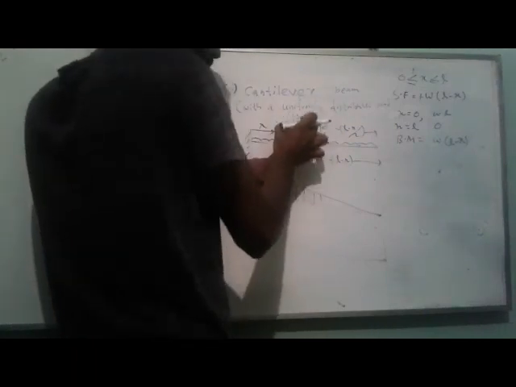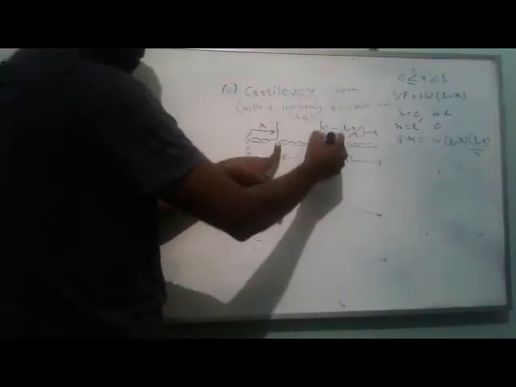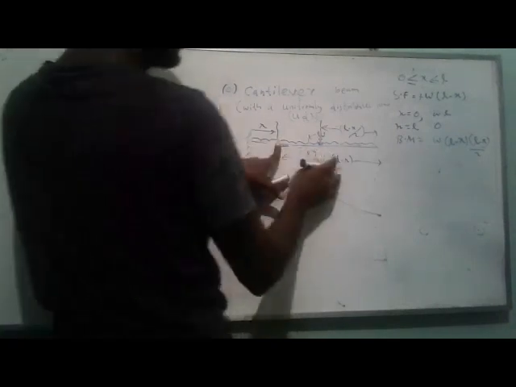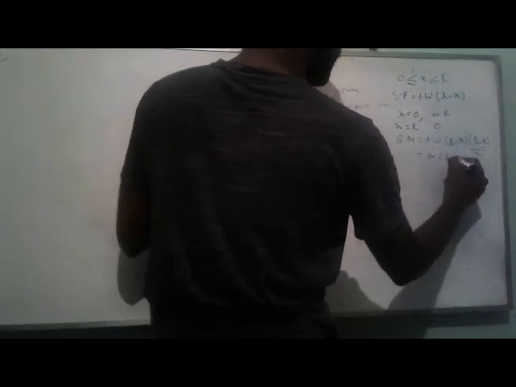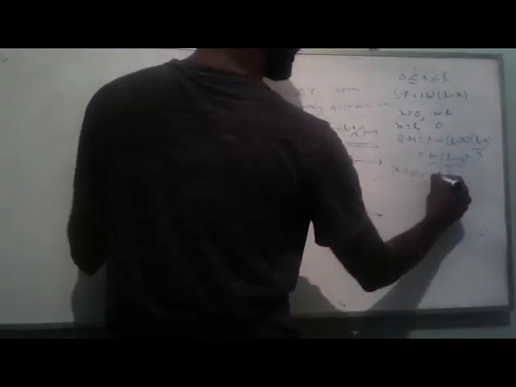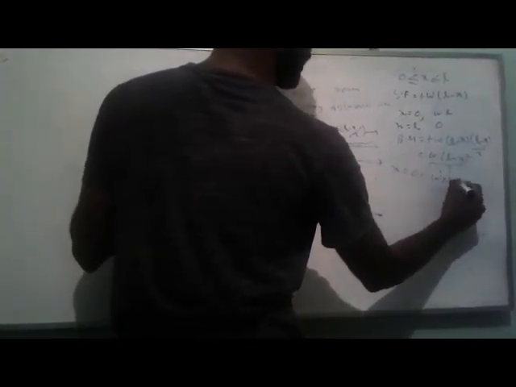It creates a hogging moment. Due to this force W, the beam tends to bend like this. Hogging bending moment is positive. It is equal to W times L minus x squared over 2. When x is equal to 0, you get W L squared over 2.